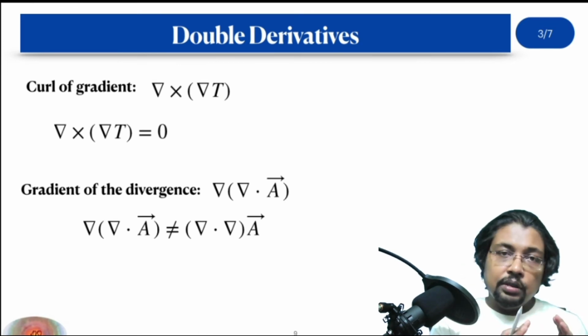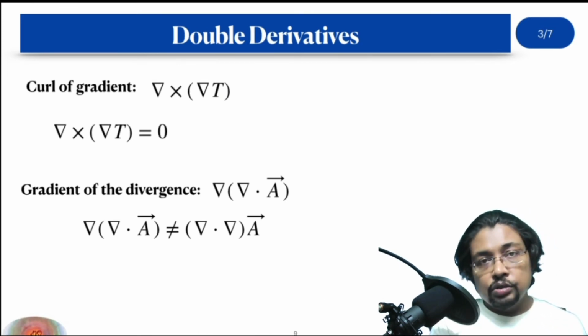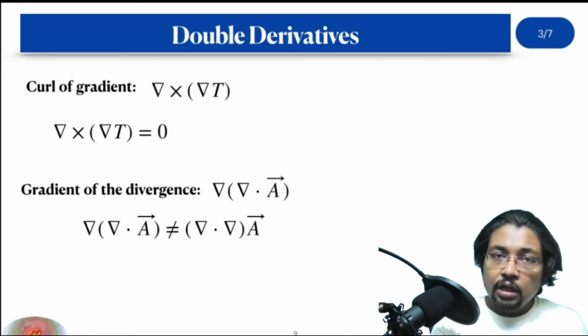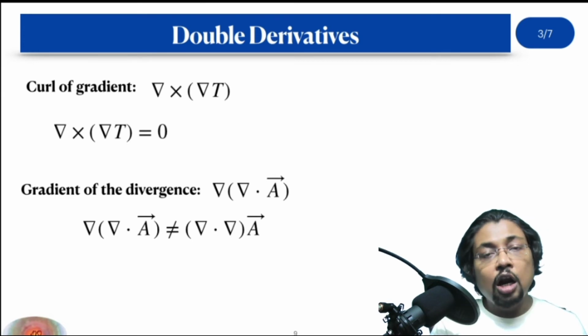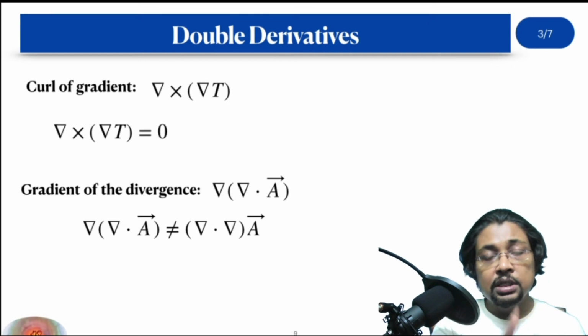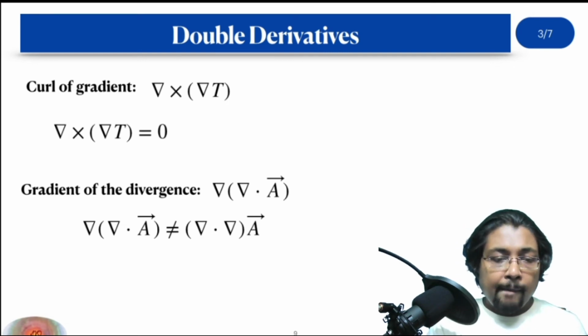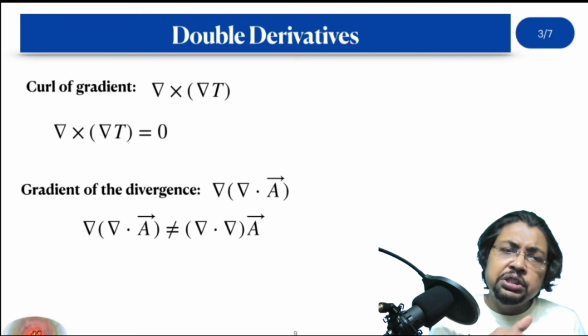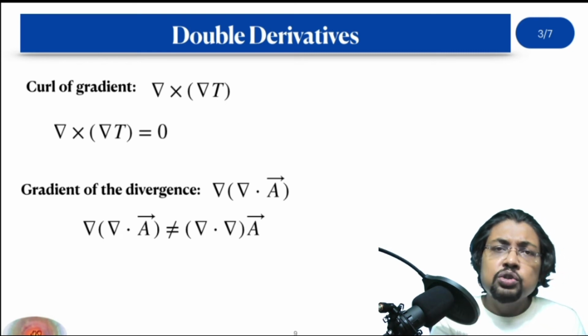Next is the curl of gradient. So what is gradient? The gradual change of a scalar field from the source. And what is the curl? Curl means rotation of a vector. Already I have discussed it in my previous lecture. Now, can you tell me whether there is any vector which is gradually changing although it is rotating?